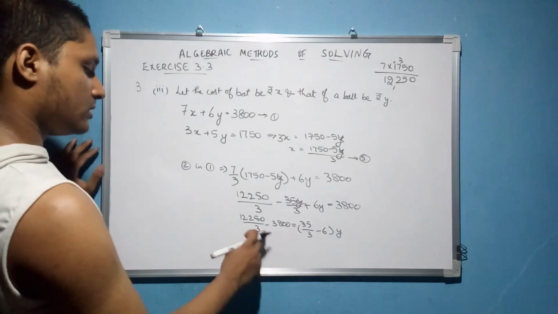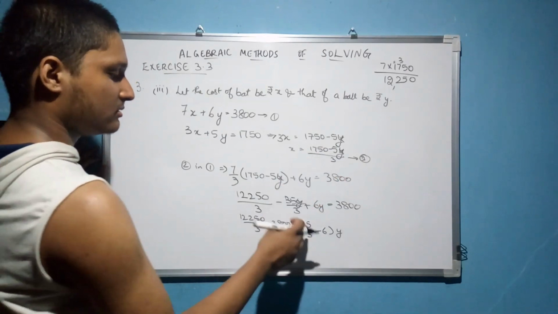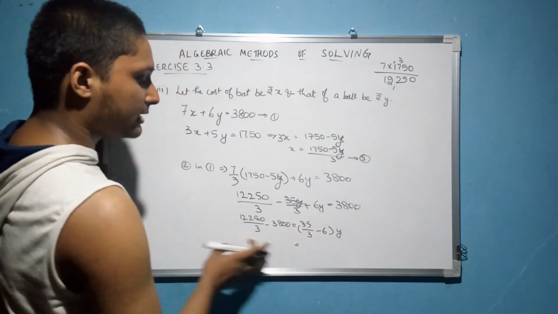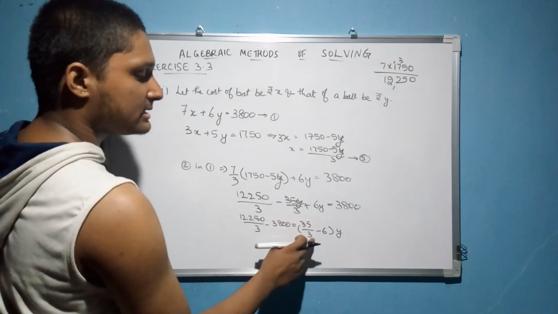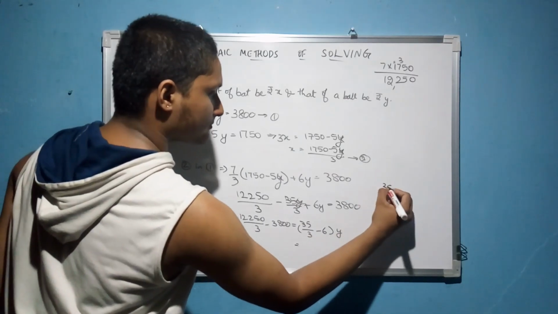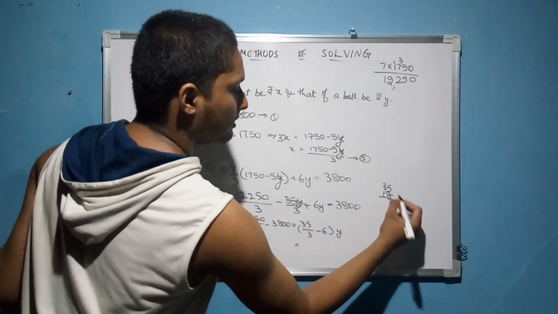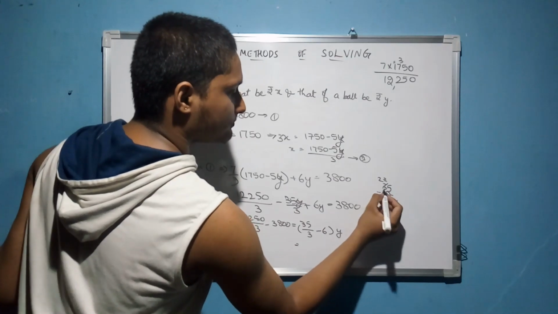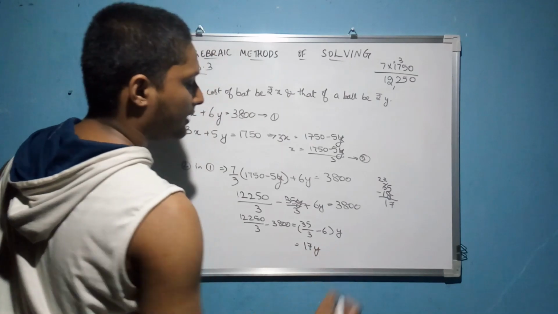Now we'll multiply and take the LCM rather than just going on doing something. We leave the denominator because here also we have 3, here also we have 3. So this becomes 35 minus 3 into 6, that is 35 minus 18, 17y you have.